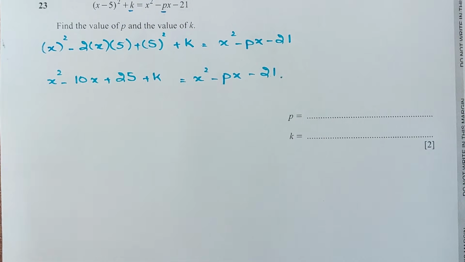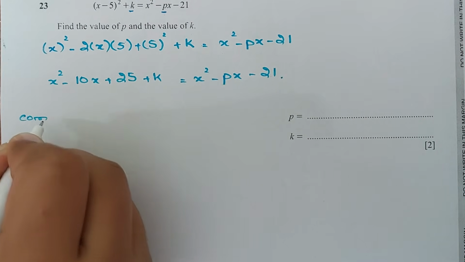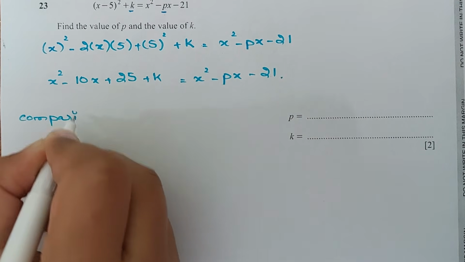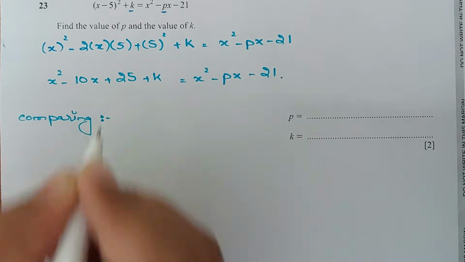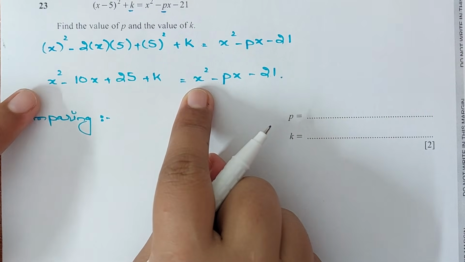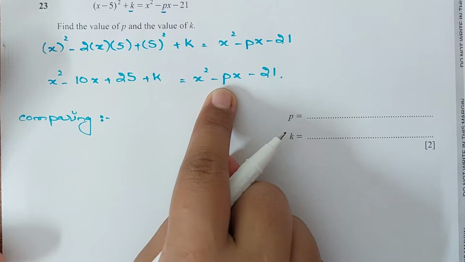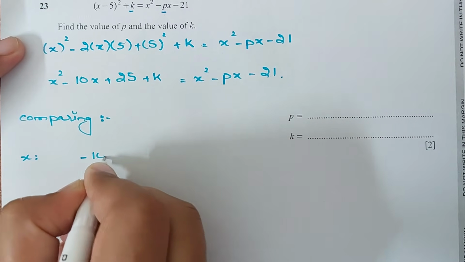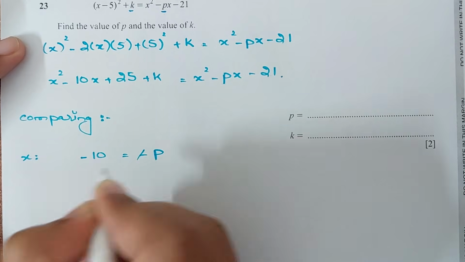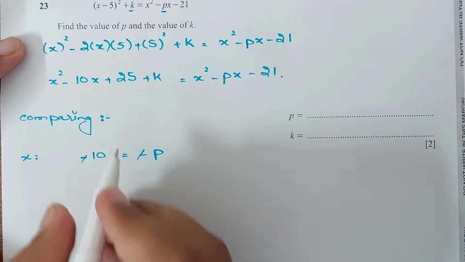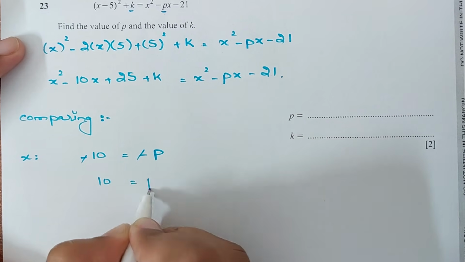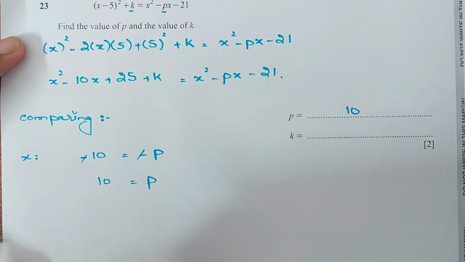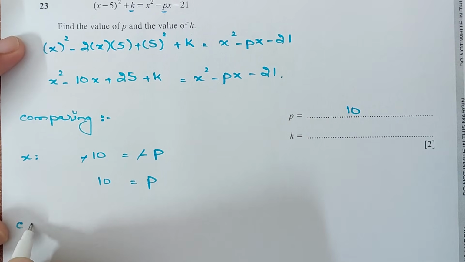Okay, so we are comparing. When we are doing comparison, the x square coefficient is just 1, 1. Comparing the coefficient of x, which is negative 10, and on the other side we have minus p. So minus sign is cancelled with minus, so 10 equals p. So p value is 10. Now comparing the constant terms.